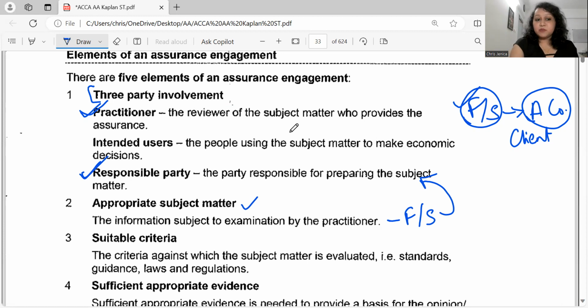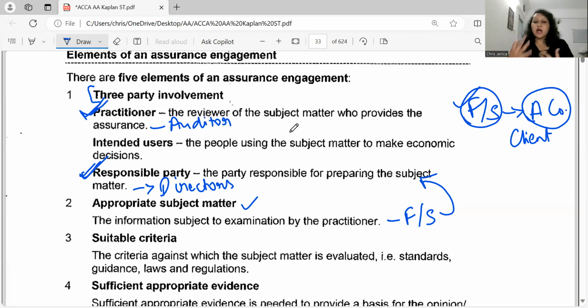And I am the practitioner, and who is going to provide me all the subject matter information? The responsible party, that is the client company. You can also call it the directors for your better understanding. So directors are responsible for the preparation of financial statements. They are the responsible party and the auditor will be the practitioner.